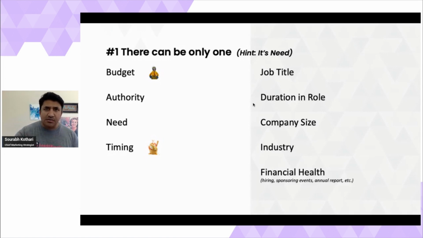But the real winner in getting old leads warm again and getting them converted through to actual pipeline and sales is to really hunker down on need. Which of the prospects, which of the teams, which of the companies are demonstrating the pain points, or the signs of the pain points, that your solution was made for? Focusing all of your energy there is the first thing I'm going to highlight, okay?